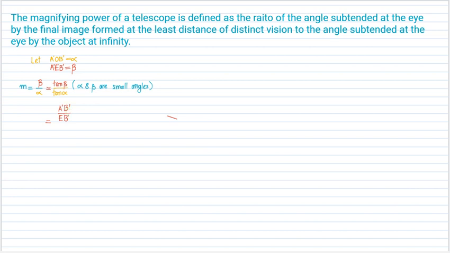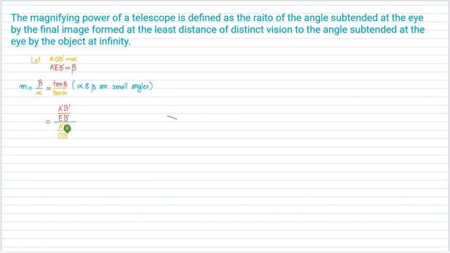Similarly, your tan alpha can be written as the ratio of the opposite side A dash B dash upon the adjacent side, which is O B dash.